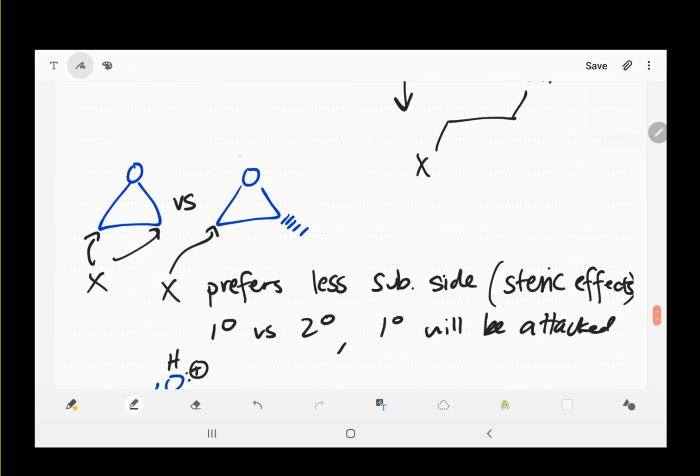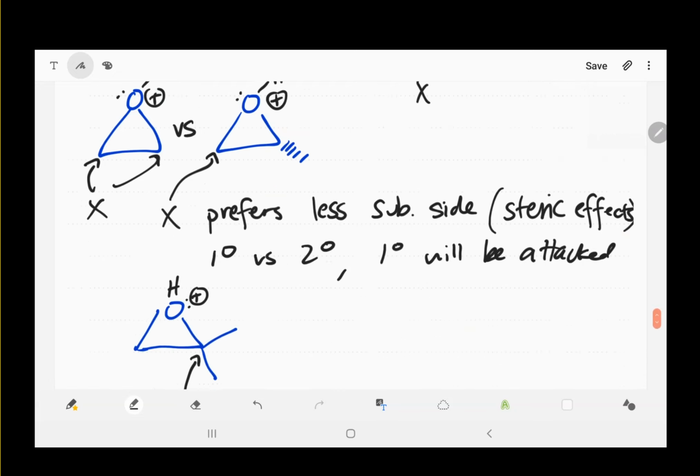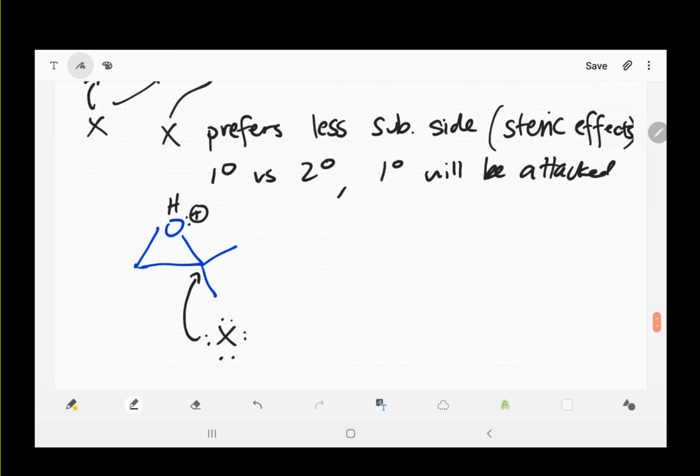Oh my gosh, I'm missing so many lone pairs. Shame on me. Okay, there we go. These are all positively charged. What's curious is that your nucleophile is actually going to attack the tertiary one.